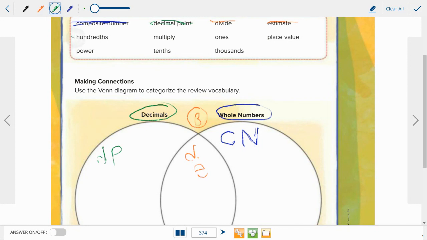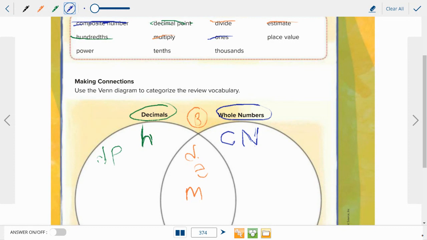All right, and then the hundredths place, remember if it has that TH, that is part of a decimal number. Multiply, you can do to both. Ones place, that's part of a whole number.